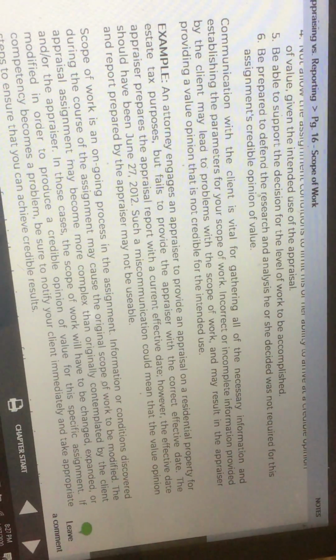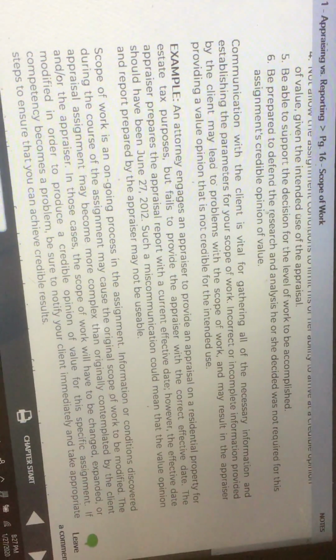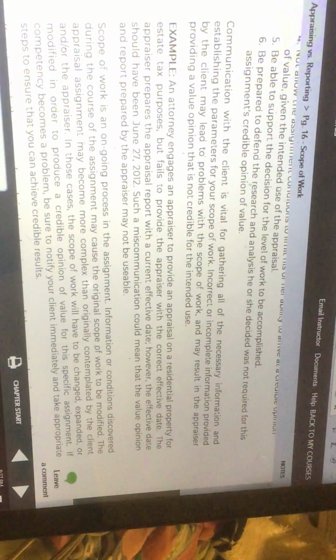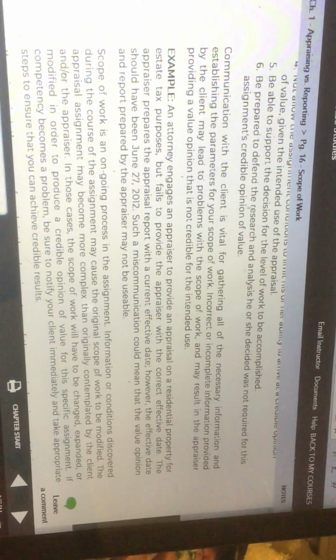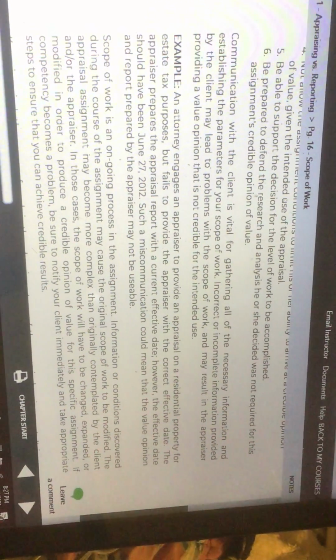Incorrect or incomplete information provided by the client may lead to problems with the scope of work and may result in the appraiser providing a value opinion that is not credible for the intended use.